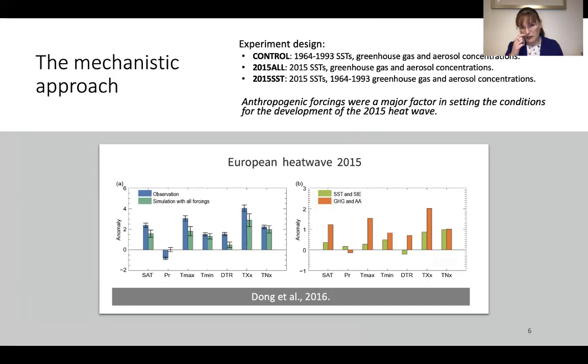A representation for 2015 where he's included again all the observed states with the aerosol and greenhouse gas conditions, and then one where he's only kept the sea surface temperatures, but he's used the climatology period for the greenhouse gases and aerosols. And by dividing the simulations that he did in this way, he is able to ascertain that anthropogenic forcings were a major factor in setting the conditions for the development of this particular heat wave event.